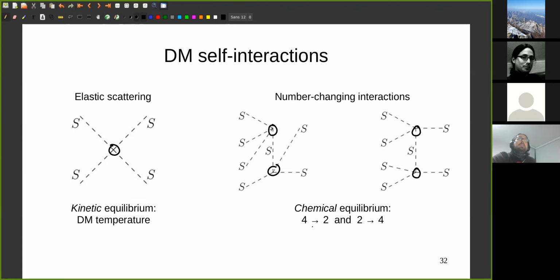In this example, I can have 4 to 2 and 2 to 4 interactions. That means that not only will dark matter reach kinetic equilibrium and have a dark temperature, but we can also have chemical equilibrium, in the sense that we have this number changing interaction. And that could be very interesting.